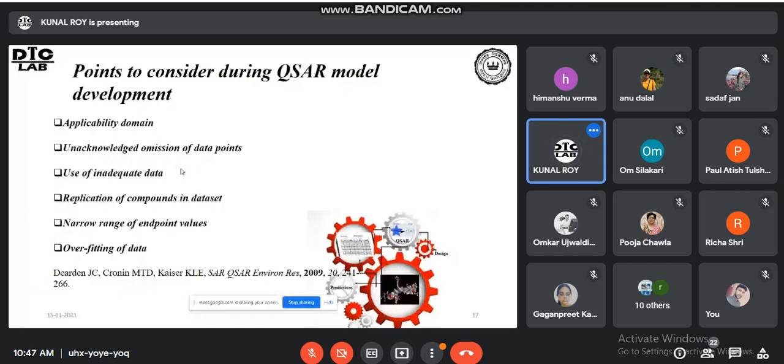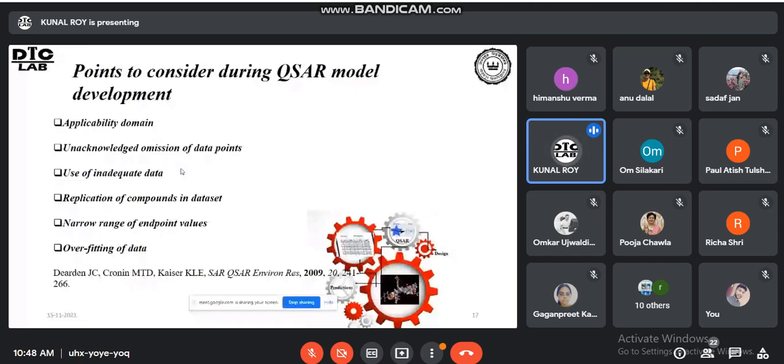Excessive number of descriptors can cause a problem during interpretation of statistics. Most of the models are generated by non-mathematicians, non-statisticians, so the misinterpretation of statistics should be avoided.